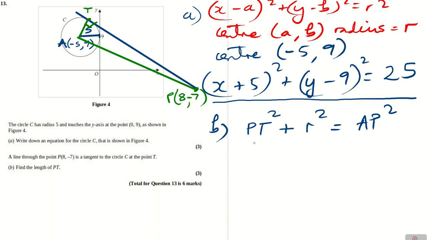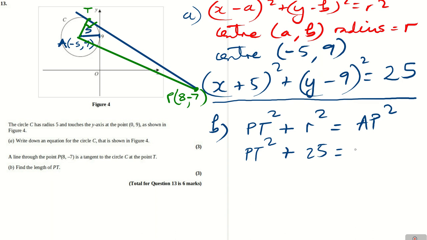Right, and r squared we know, so PT squared plus, r we know is 5, so r squared is just 25. AP squared is the length from A to P, and remember we do that again using Pythagoras by subtracting the y coordinates and squaring what we get, and then doing the same with x and adding them.